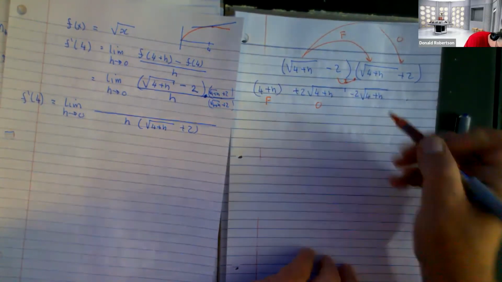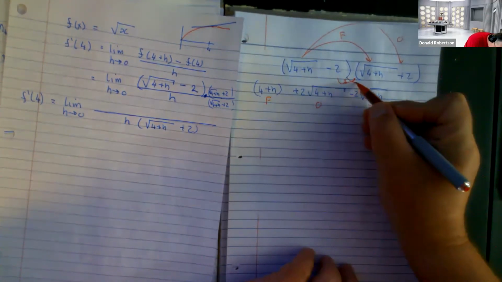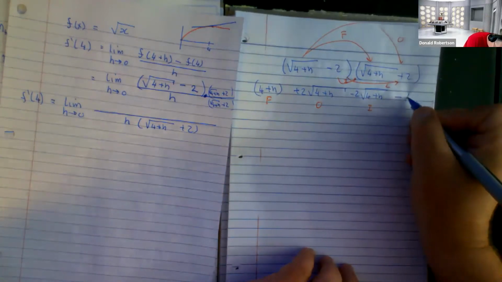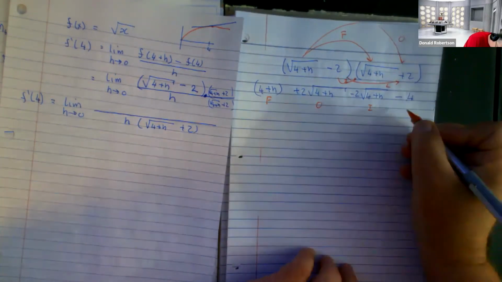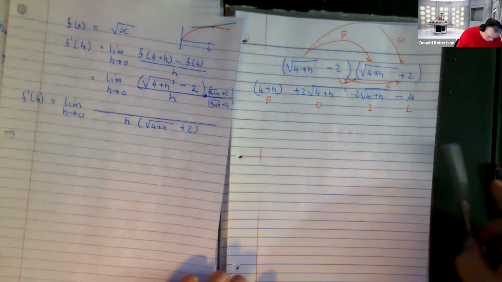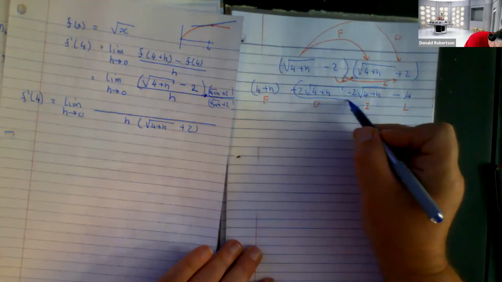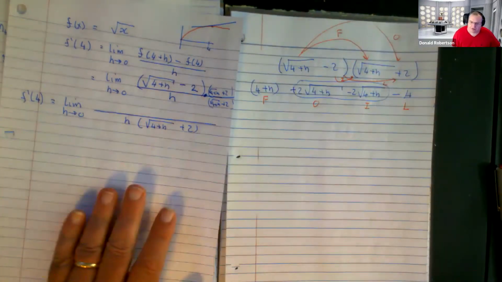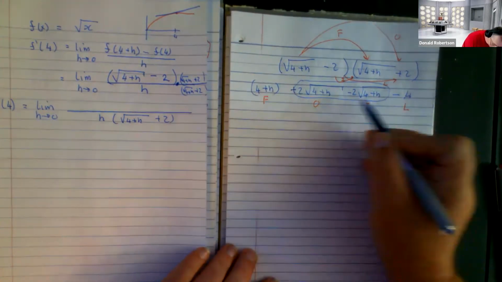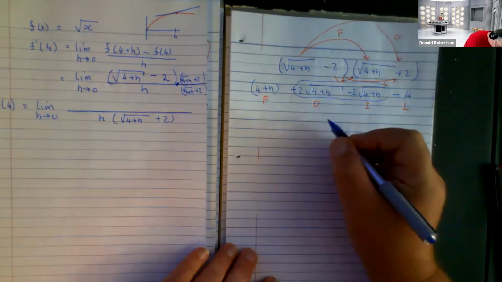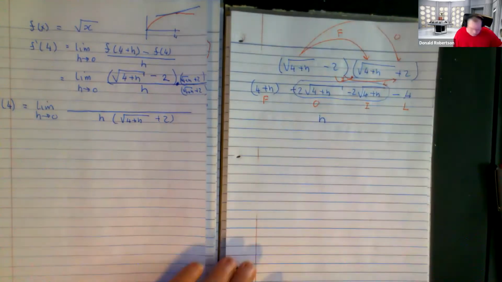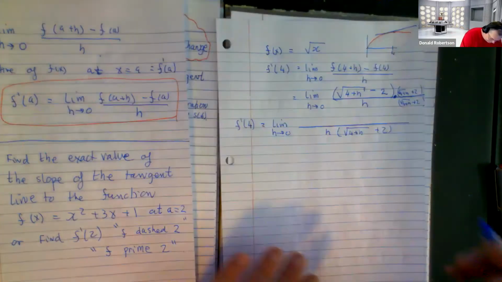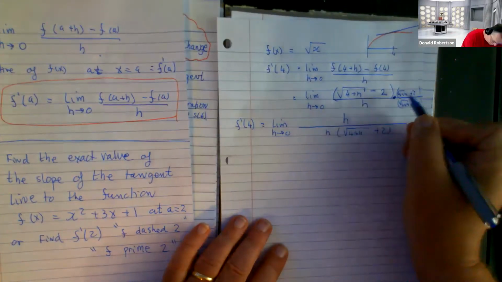And that's your I. And L, well, negative 2 times positive 2 gets you negative 4. And here is your L. Now, those two guys will always kill each other off, because essentially this is the difference of two squares. And so what I've got is a 4 plus h take away a 4, and the 4s cancel out, and all I'm left with is a rather amazing and very simple looking h. So this times this is just h.